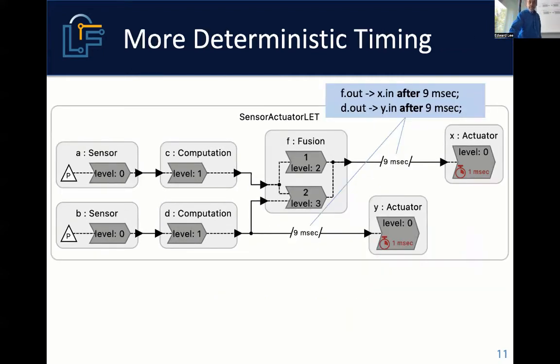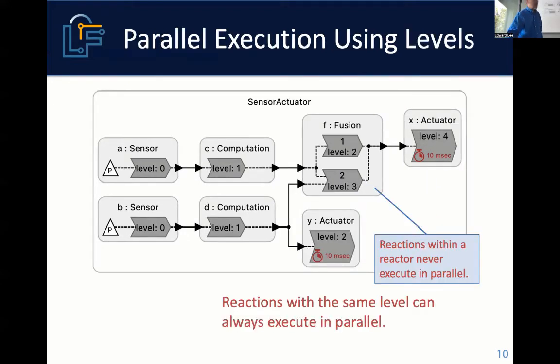All right. Here's an interesting twist on the deadline. Okay, so let's talk a minute about the deadline. So if our actuators have deadlines of 10 milliseconds here, and suppose we have physical actions driving these sensors. So what's going to happen is some external event, like a pushing of a button, or an interrupt service routine gets triggered, a network packet comes in, something.